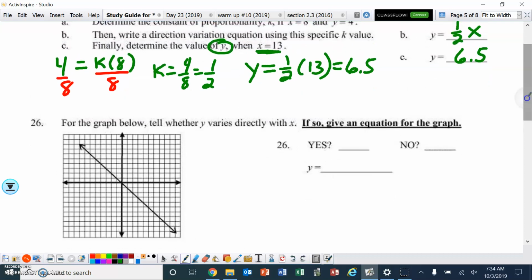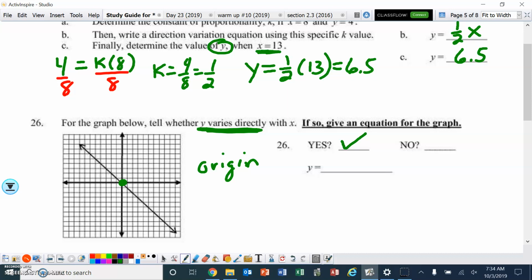Okay, number 26. For the graph below, tell whether y varies directly with x. If so, give an equation for the graph. Well, again, remember, a direct variation has to go through the origin. Well, it does. Right there, it's going through the origin. So, yes, it is a direct variation.